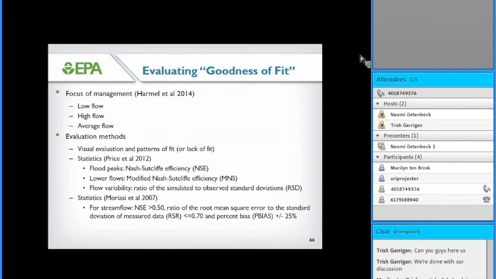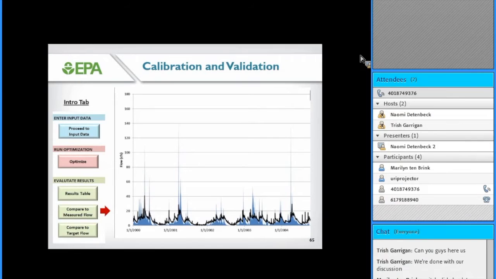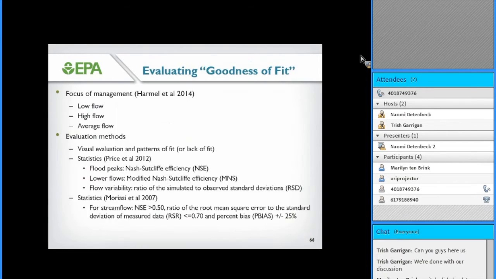So you're looking at this and you say, well, so what do I make of it? When you're evaluating whether your fit is good, you need to consider what you are trying to manage, and that will give you maybe a different perspective on what you're looking for.